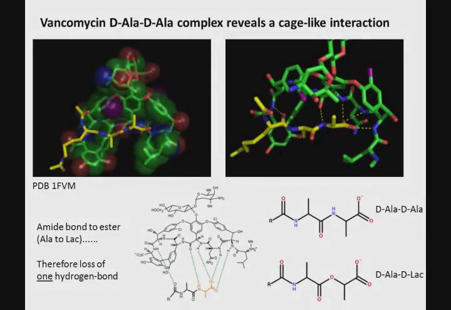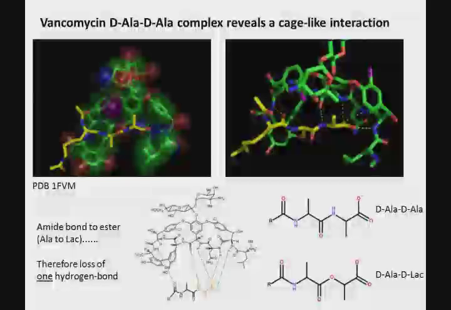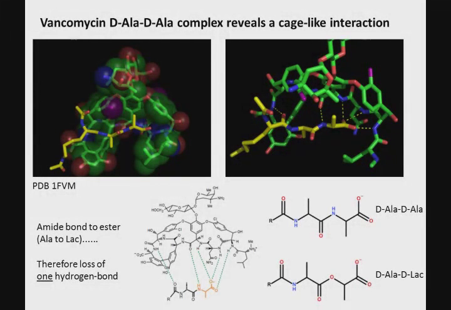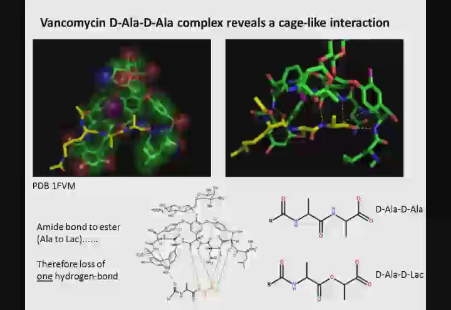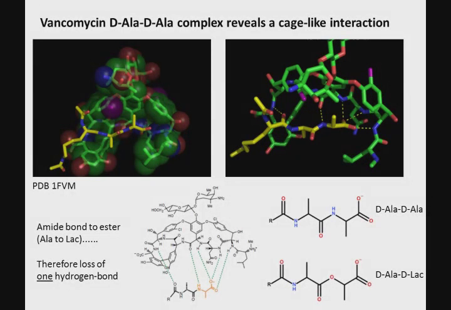This is a really nice structure. This is vancomycin in complex with a small peptide that represents the cell wall. So this peptide is in yellow, vancomycin is in green, and it's just glorious. What you see is those three fused rings make a cap, and that cap comes over the fifth position alanine here.